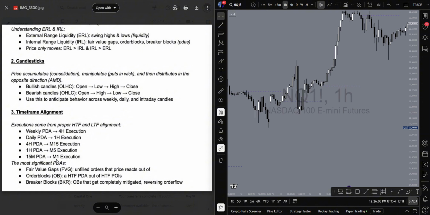In our most significant PD arrays, we will use fair value gaps, inverse fair value gaps, and our order blocks. I don't worry about breaker blocks really. I don't trade breaker blocks, but order blocks, fair value gaps, and BPRs, which is when you find a bullish and bearish one, like right here.